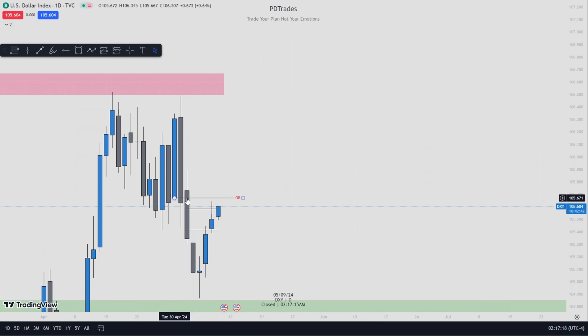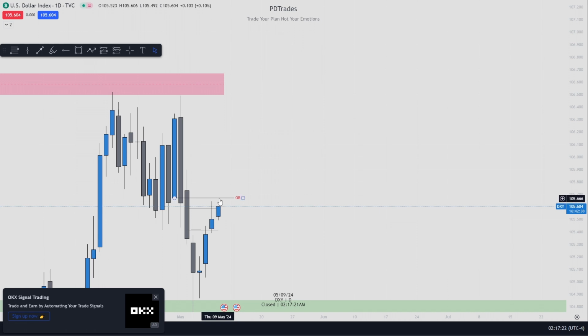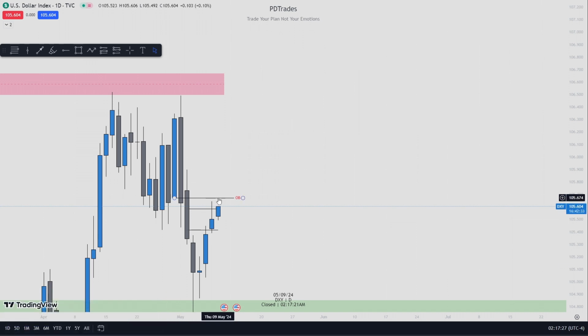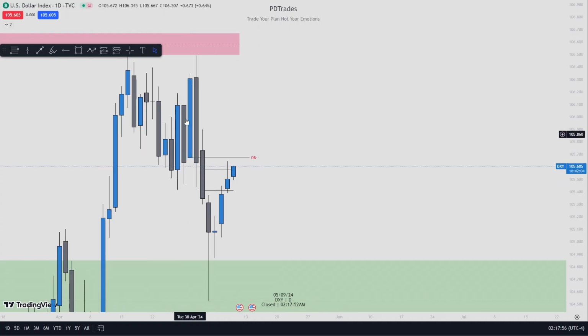So I'm looking at this bearish order block, right? If they push and reject into this order block here before the 8:30 news, this order block here is the one that I'm looking at.